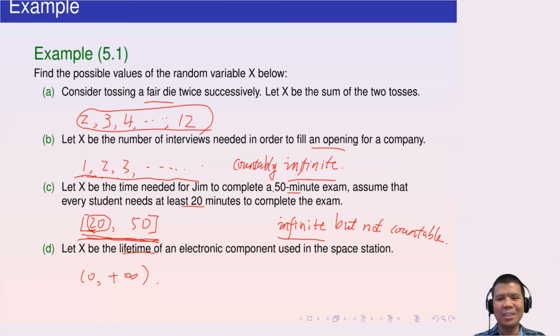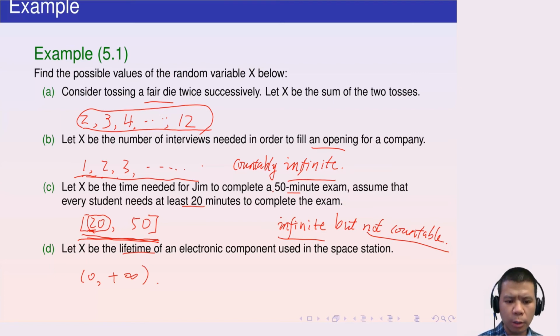And you see that there is really no next value right after 20. In other words, these values cannot be listed in a sequence. It's not countable. So the fact is there are more elements in this interval than the sequence in B. All right, so this is infinite but not countable.